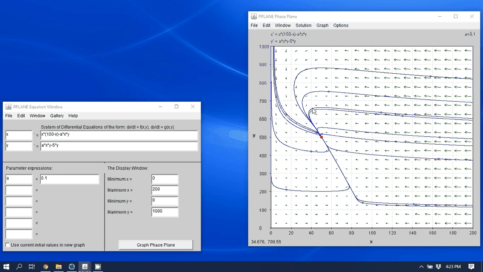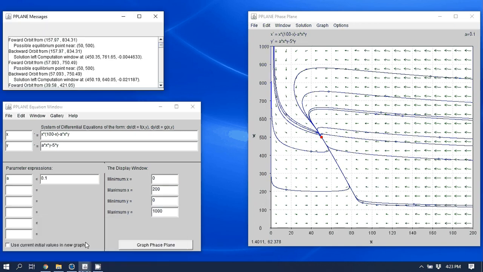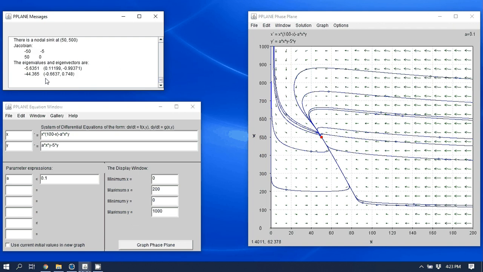Find an equilibrium point, and in the message window you will have the value here of the equilibrium point, which is 50 for X, 500 for Y. Now, let's say I want to check to see if my stability analysis is correct. As soon as I place something less than 0.05, so let's do something close to 0.05.